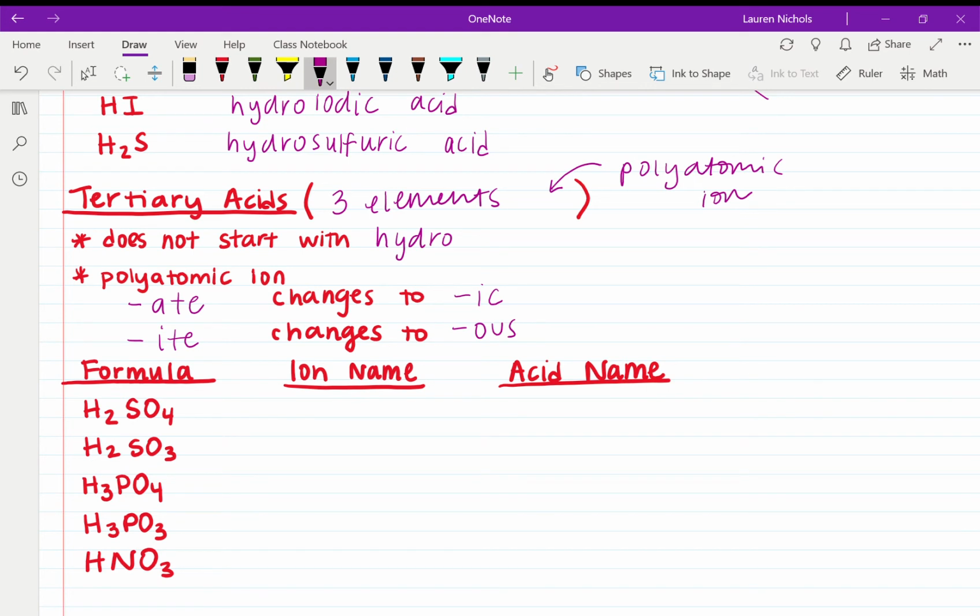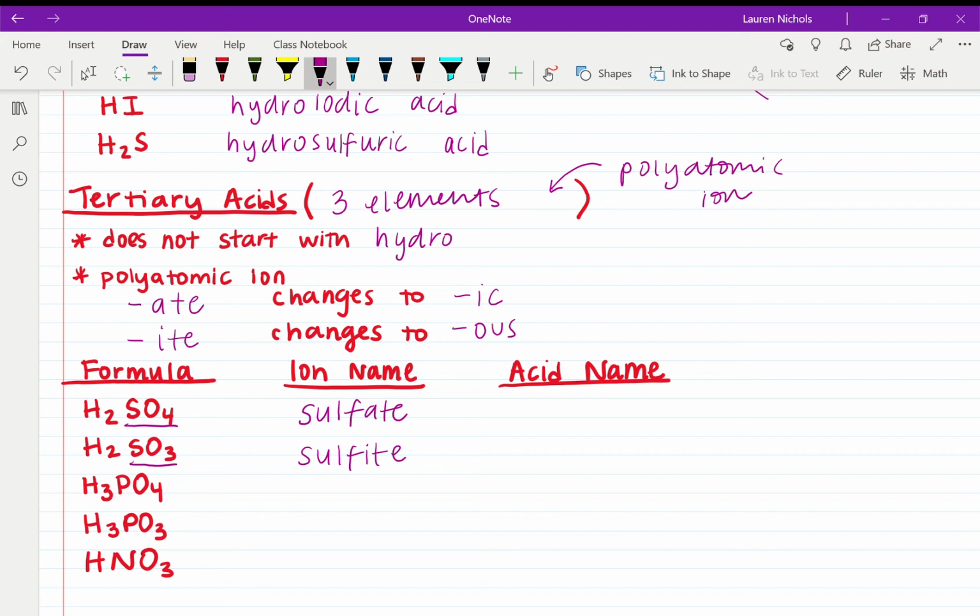So for example, if we look at H2SO4 and you look on your polyatomic ion sheet, the SO4 ion is sulfate, whereas SO3 ion is sulfite. So you'll have to make sure you're paying close attention because the only difference between these two is a 4 and a 3, and the only difference between their ion names is an A and an I. So be really careful that you're looking at the right one.